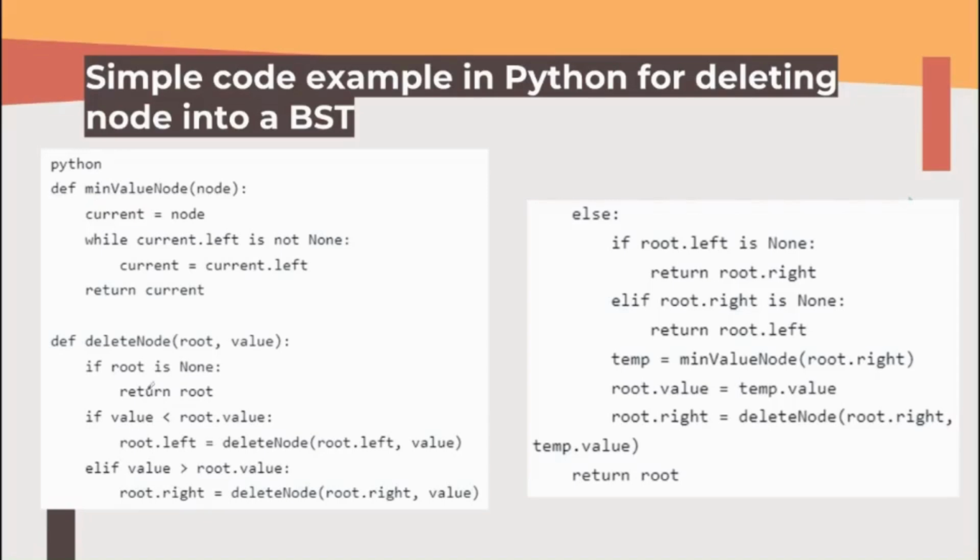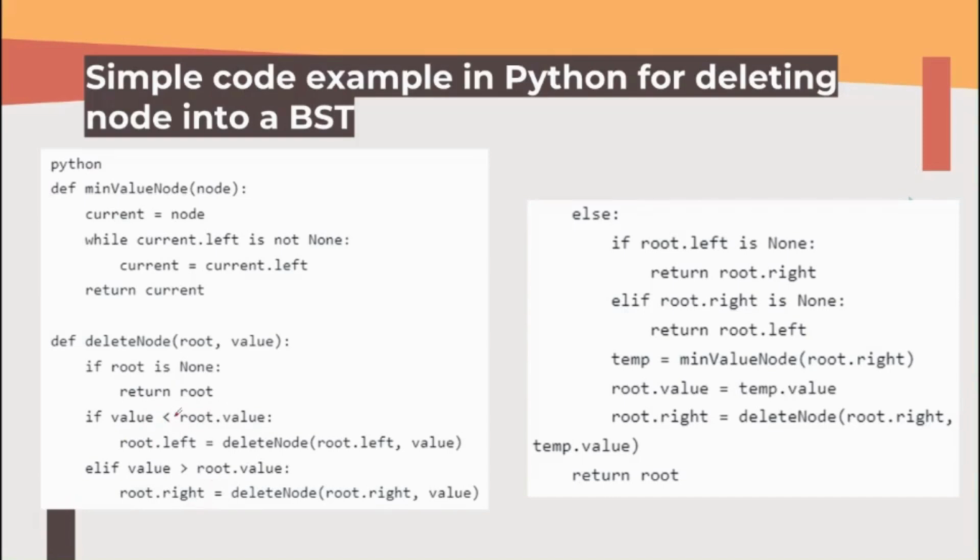Next, how to delete the node. We pass the root and the value that we are going to delete. If the root is None, that means there is no element, so it returns the root. If there is an element, then it compares with the value at the root. If the value is greater, it moves to the right.